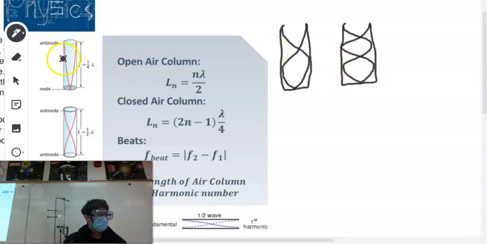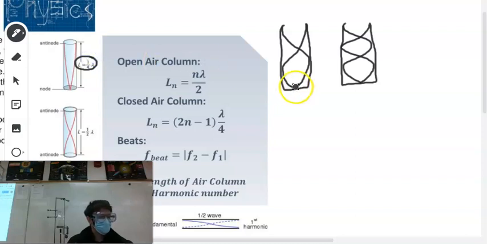Okay? Our first fundamental frequency that produces resonance right here, we call that our first harmonic. This would be our second harmonic, and this would be our third harmonic. Now, notice the lengths. If we're to count wavelengths, this one just goes from node to antinode. So that's 1/4 of a wavelength.